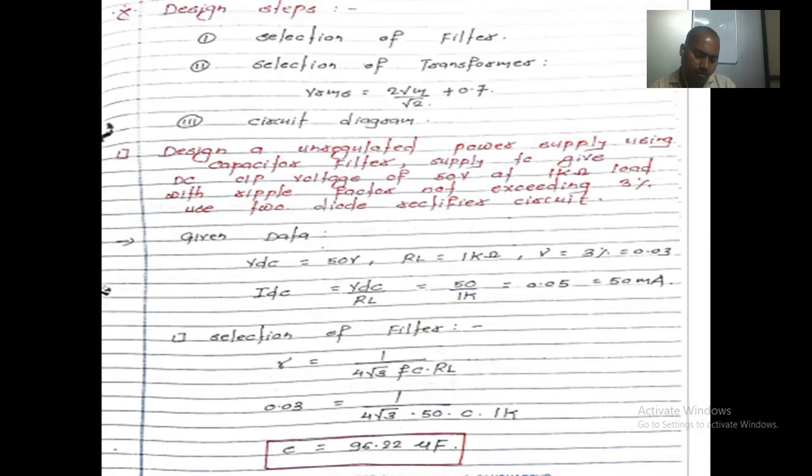It is 0.0866 into 10 raised to minus 6. Is it right? Yes, sir.